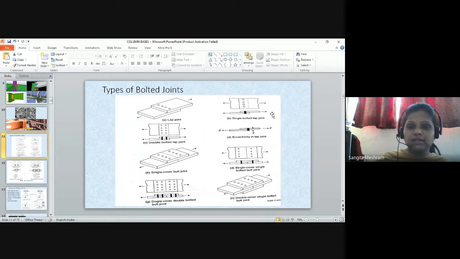Just see figure A. This is a simple lap joint, which is nothing but overlapping of two plates, and that is connected with these bolts. Then there is a single bolted lap joint. That means the two members or two plates are connected with a single row of bolts.